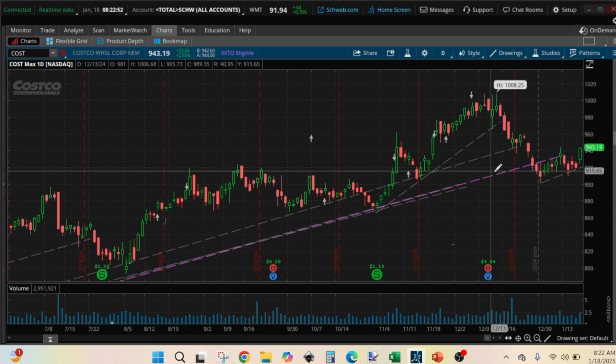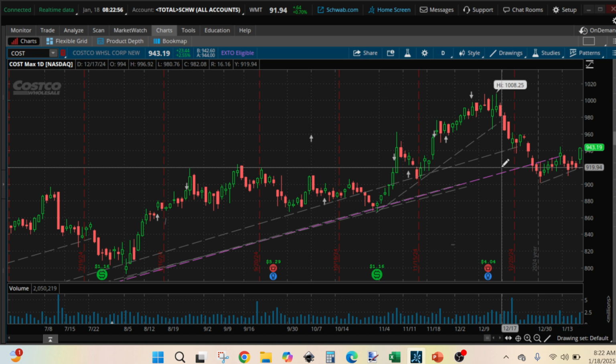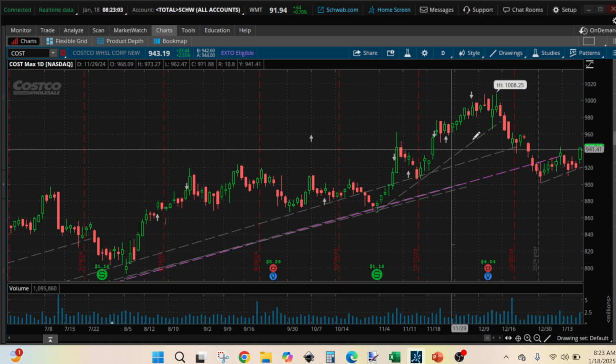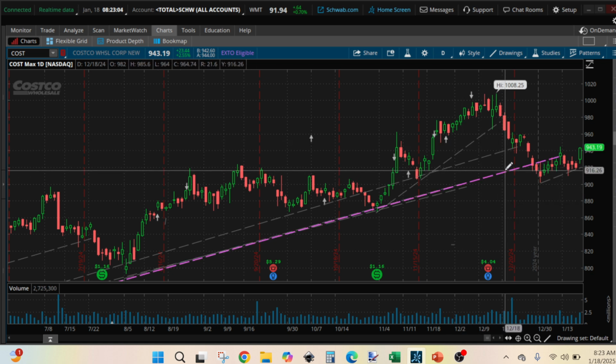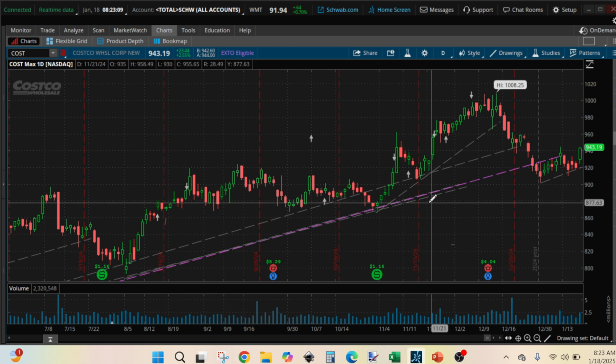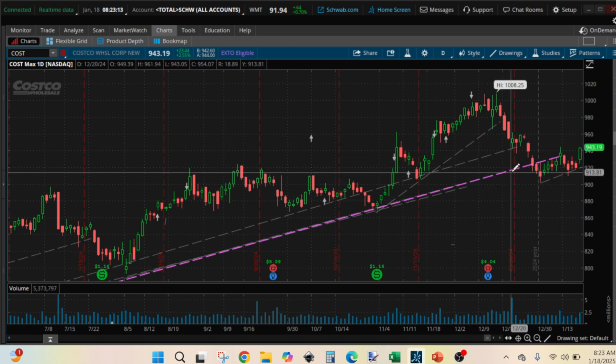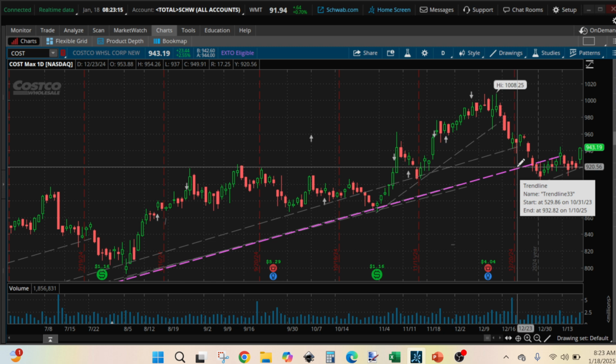Our long trend lines, the support lines, because they pass by the valleys or the lows of the chart, it is the support line. I like to just call it uptrend line. That is where we are buying. That is our entry point.